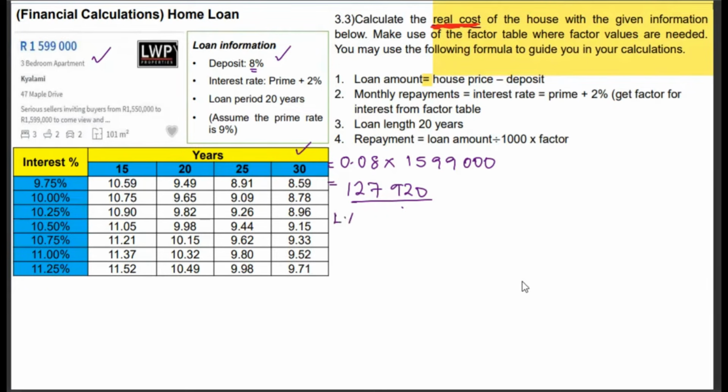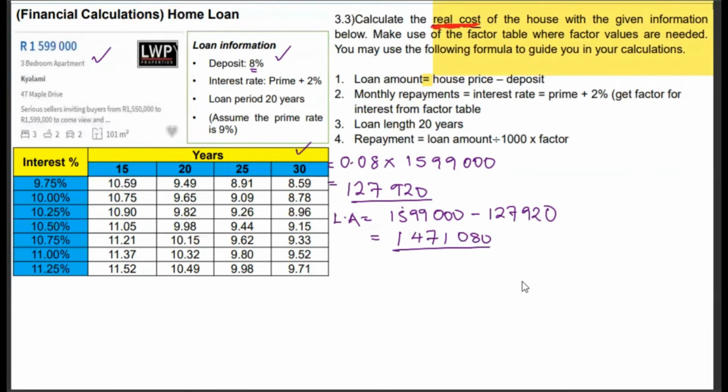So the loan amount will equal 1,599,000 minus the deposit, which will give you 1,471,080 rands.